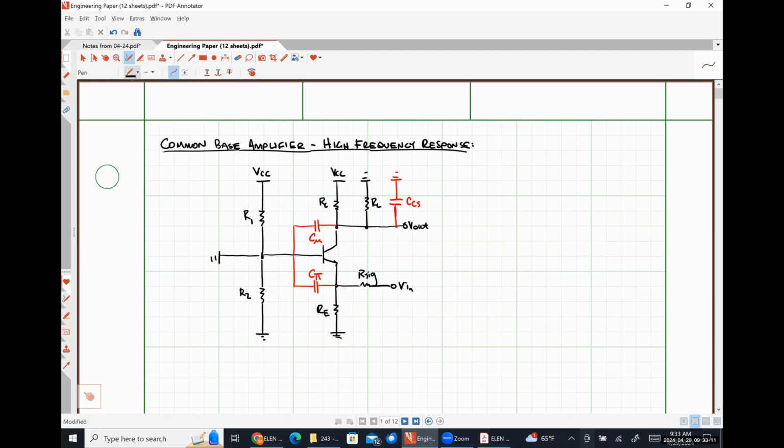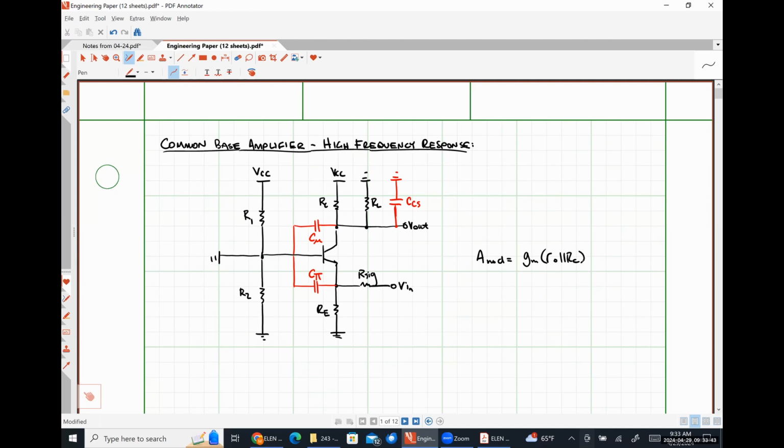Our midband gain for this system is going to be the same thing it was at low frequencies, which would be GM R naught in parallel with RC. So it's our goal to kind of extract that out of things. And in a moment here, I'm going to draw my small signal model, but I want to look at this circuit first and see what simplifications I might be able to make.